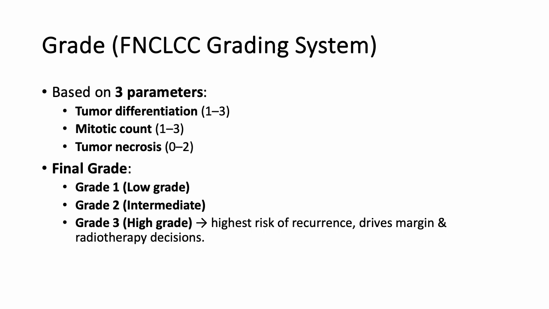These are for pathologists, who grade tumors into grade 1, grade 2, and grade 3. These grades determine the tumor biology. Higher grade tumors have the highest risk of recurrence, which drives our margin decision and radiotherapy decision as well.